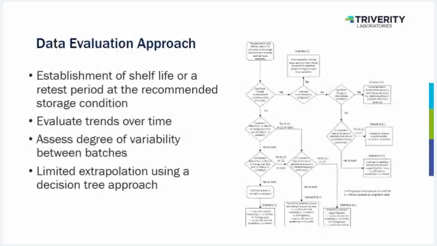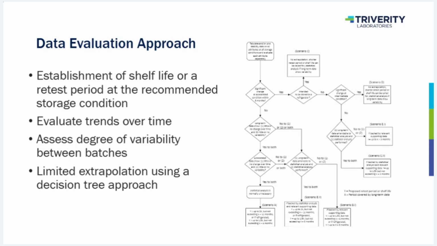Data evaluation. Again, this is probably a third of the 108 pages of Q1, and we just have a few slides on it. So the approach for data evaluation, at its core, you're establishing the shelf life or the retest period at the recommended storage condition for your drug substance or your drug product.